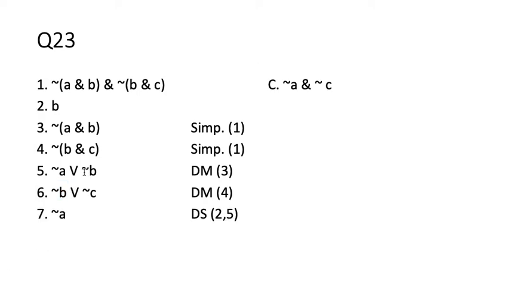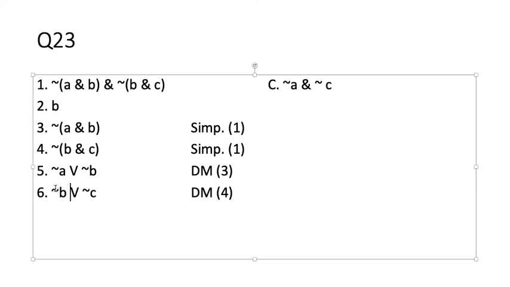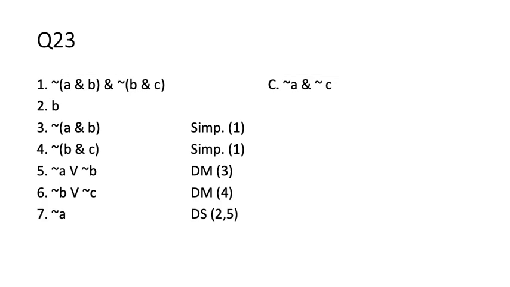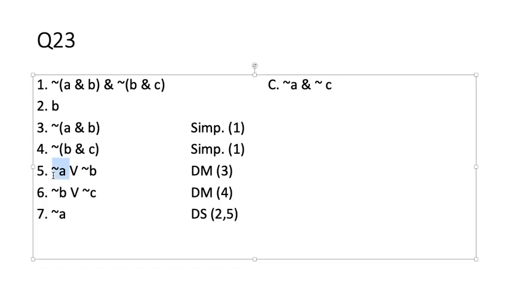Oh, sorry. Here I was thinking I was going to do disjunctive syllogism with 2 and 6, but actually I'm going to do it with 2 and 5 because I also have a not B here. So I'm going to do disjunctive syllogism on 2 and 5 to get not A first. And that's nice because that's half of my conclusion. And now let's do the other one that I was saying.